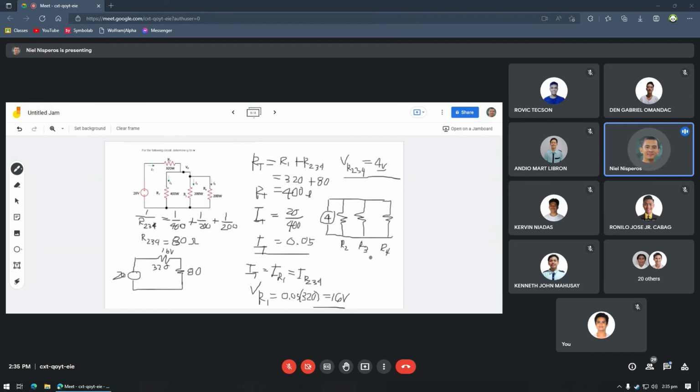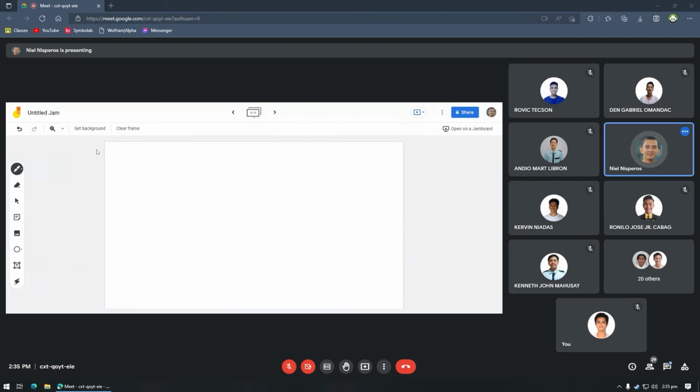So we can go directly with 4 volts divided by the value of the resistor.